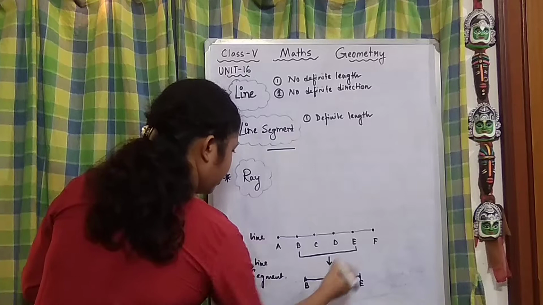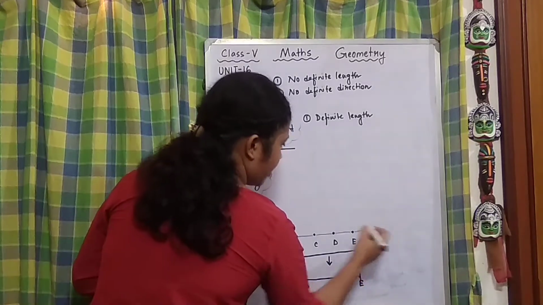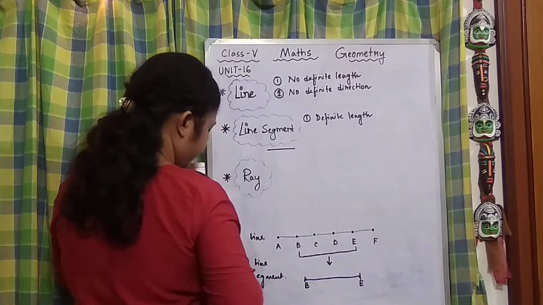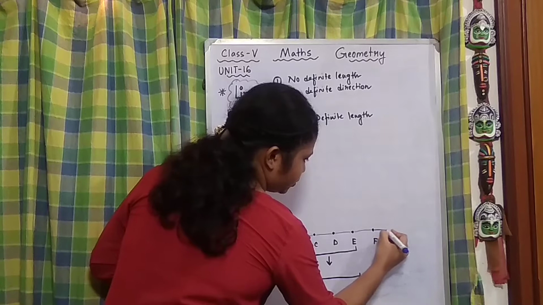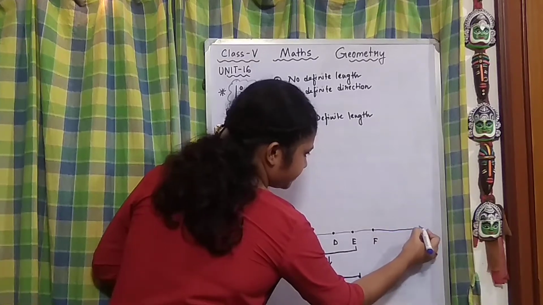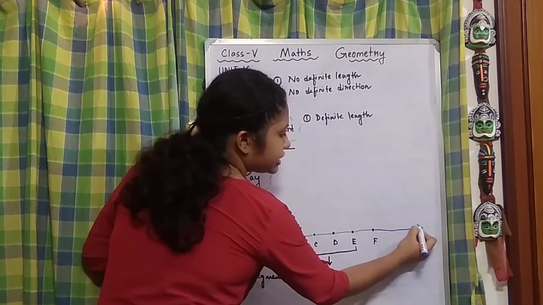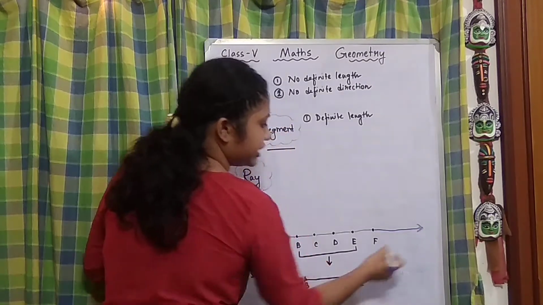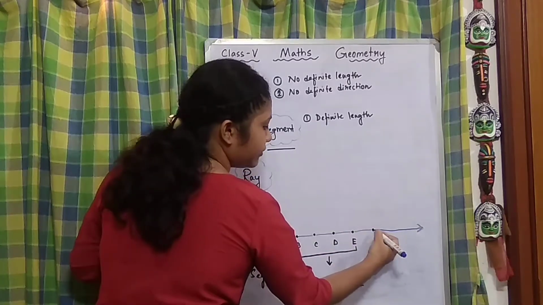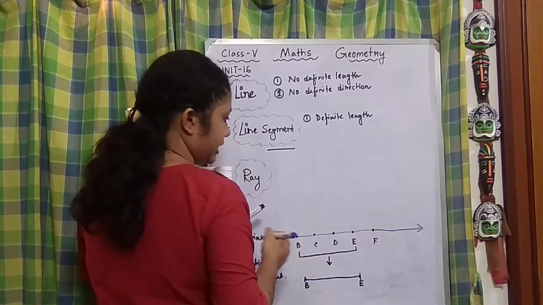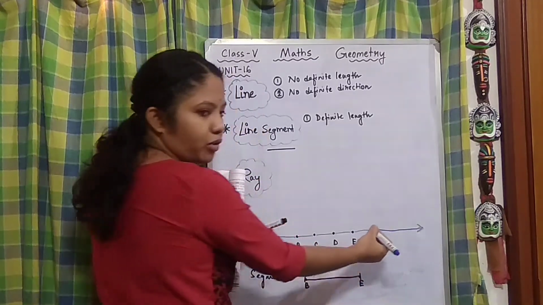Now let's take an example where we extend this point F toward this direction. This arrow is denoting the direction toward the right hand side, and it's starting from F. Now what we are seeing is that it has an origin point.